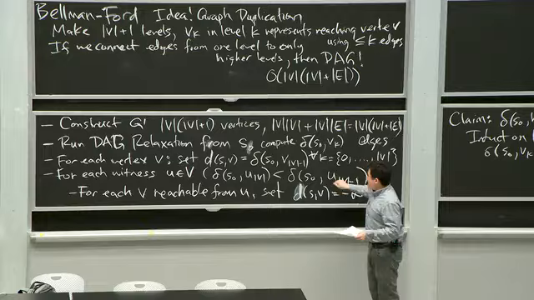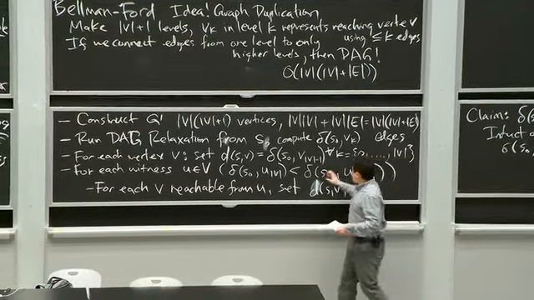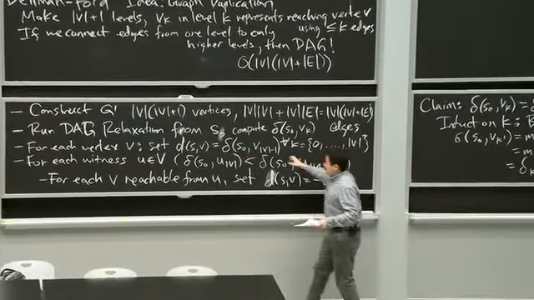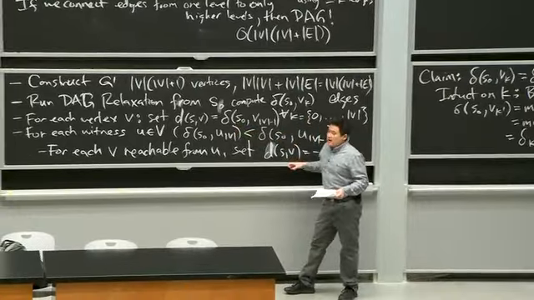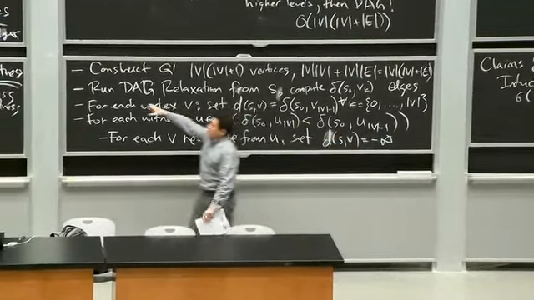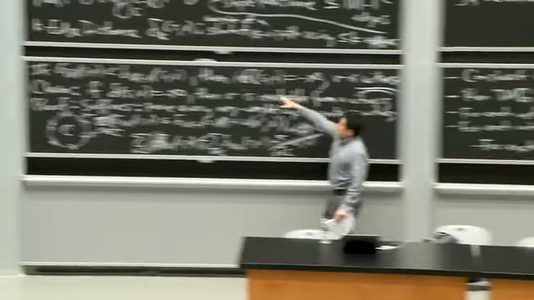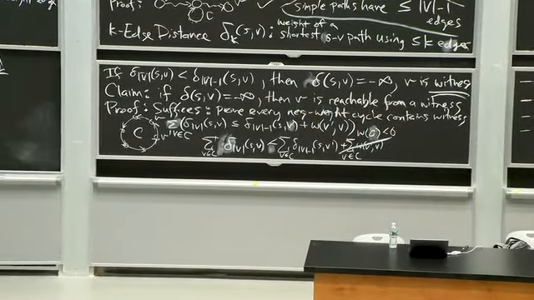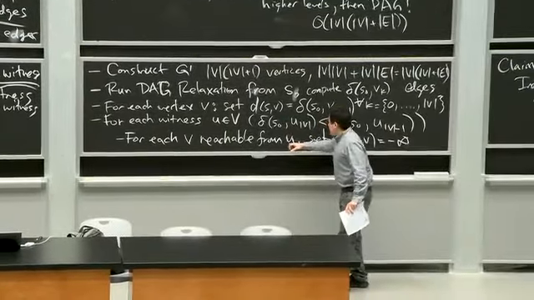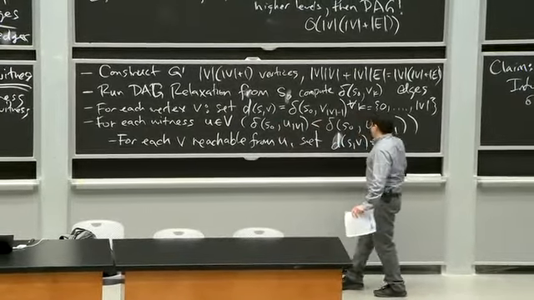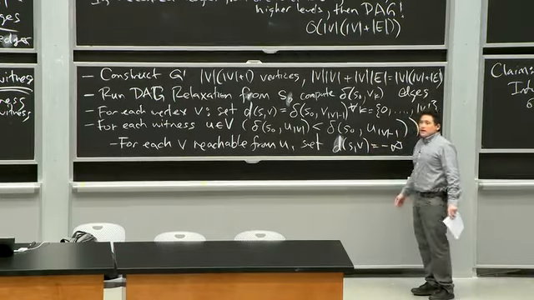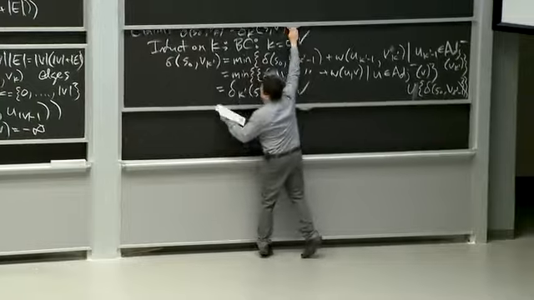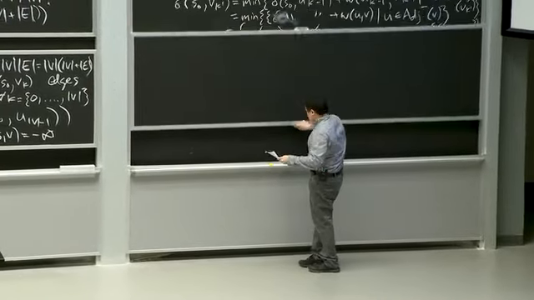And if they're minus infinity, that invariant means that these things correspond to exactly this claim over here. It's a witness. And then finding all the vertices reachable from those witnesses, we set all of the infinite ones to be minus infinity as desired.